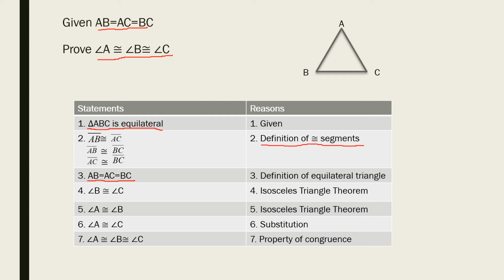Now, as we said a minute ago, every equilateral triangle is also an isosceles triangle, and we just proved the isosceles triangle theorem that tells us: if two sides of a triangle are congruent, then the opposite angles are congruent. So if side AB is congruent to side AC, angle C is opposite side AB, and angle B is opposite side AC.